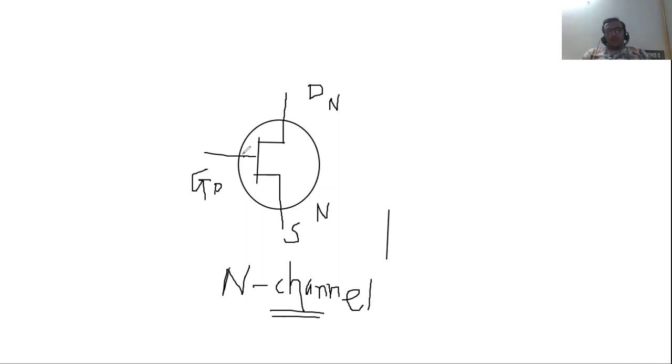So the current flow direction is P to N. See this, this is the direction of current, P to N. Please see this very carefully. Now similarly for P channel JFET, I have sketched the symbol.